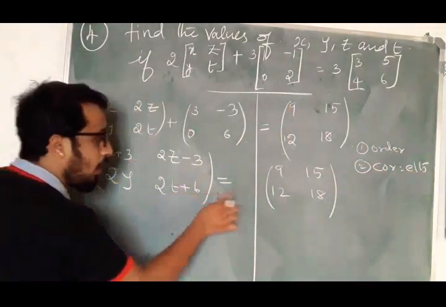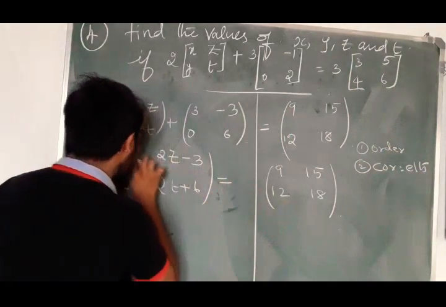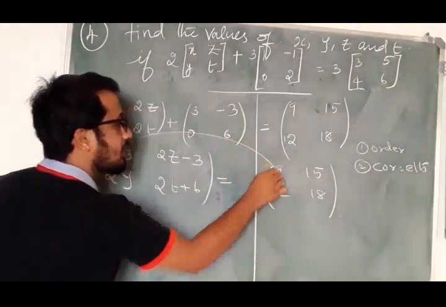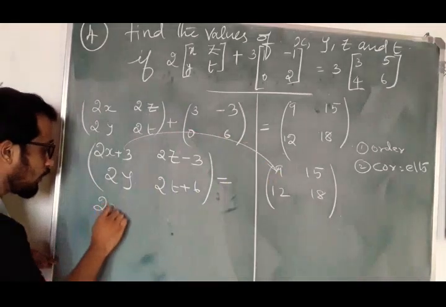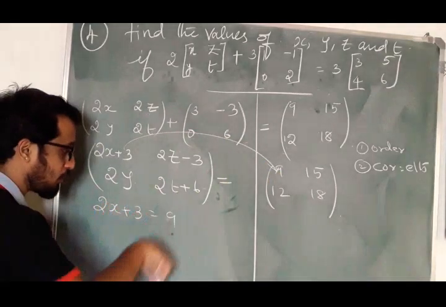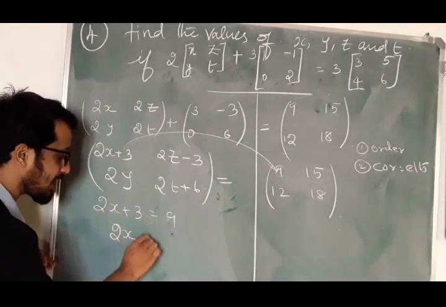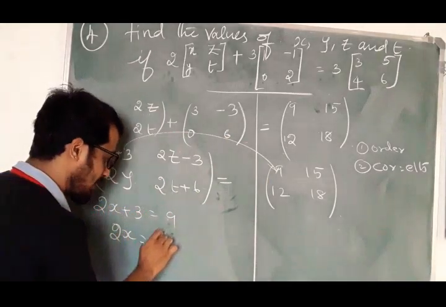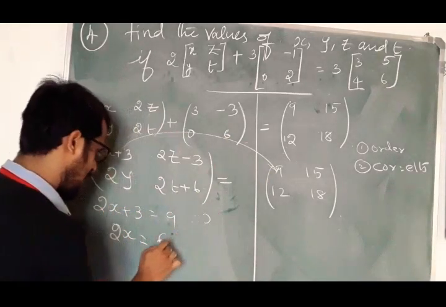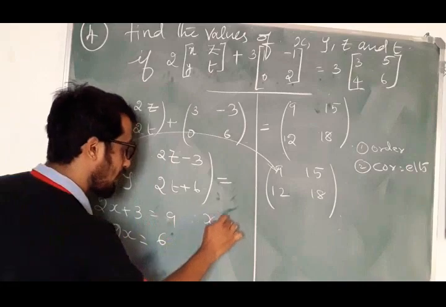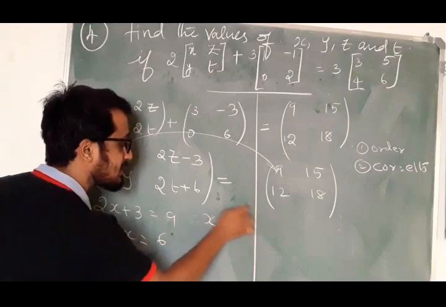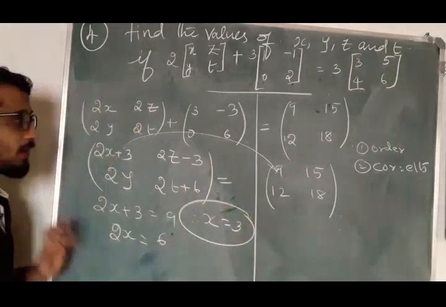Now, since the orders are the same, I can equate the first element. That means 2x plus 3 is equal to 9. Therefore, 2x is equal to 9 minus 3, which is 6. Therefore, x is equal to 6 by 2, that is 3. x is equal to 3.